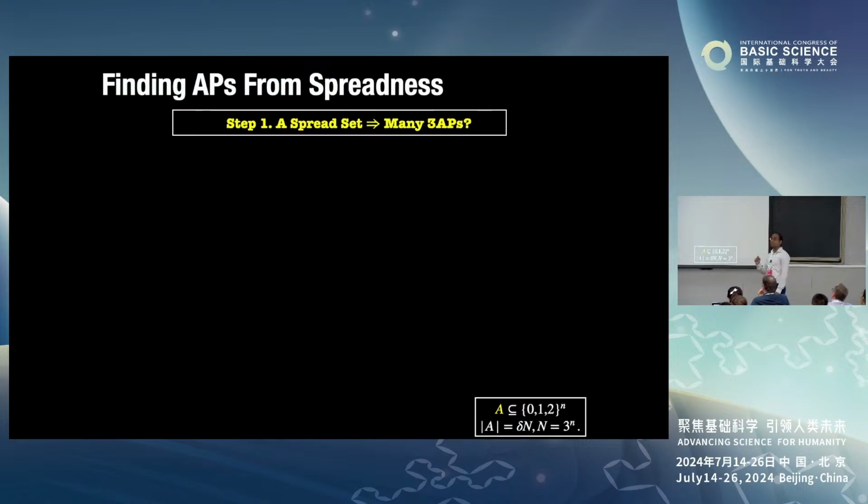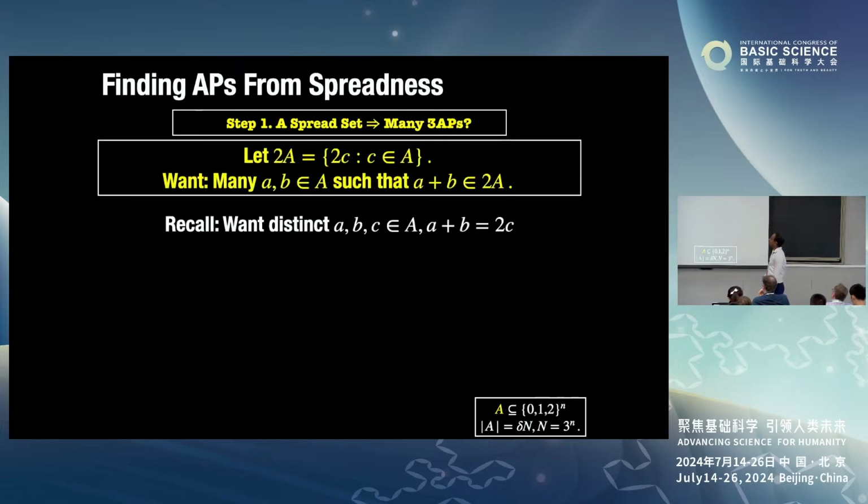So what we need is that a spread set must contain many solutions. So let's understand, kind of work with it, massage it. So we have the equation A plus B. Instead of this, it has three variables, which is not necessary.